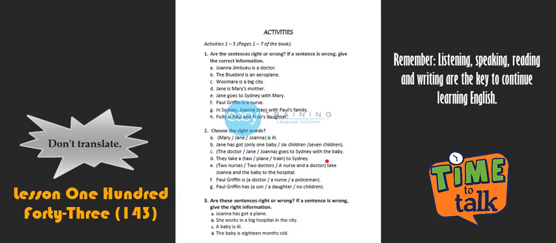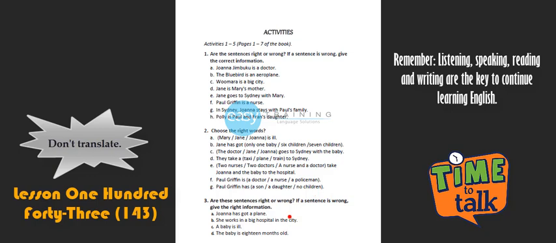Sentence D. They take a taxi, a plane, or a train to Sydney. Sentence E. 2 nurses, 2 doctors, a nurse and a doctor take Joanna and the baby to the hospital. Sentence F. Paul Griffin is a doctor, a nurse, or a policeman. In sentence G, Paul Griffin has a son, a daughter, or no children.